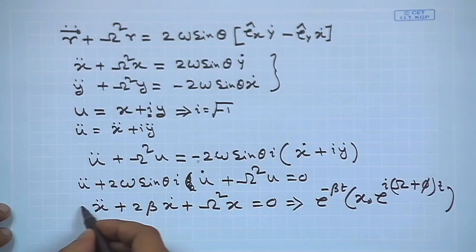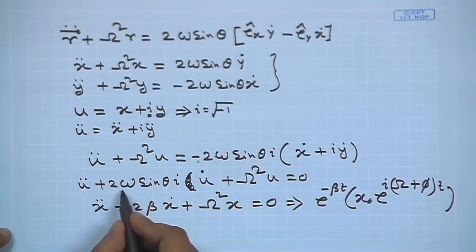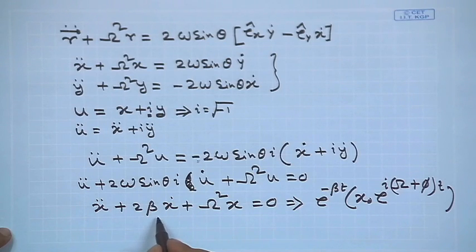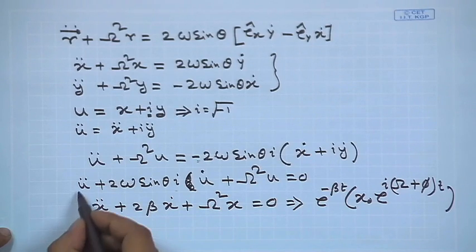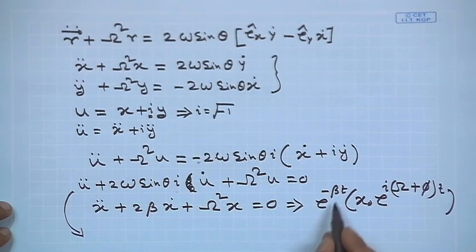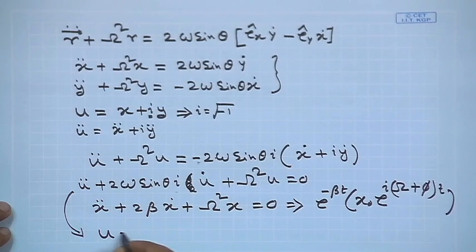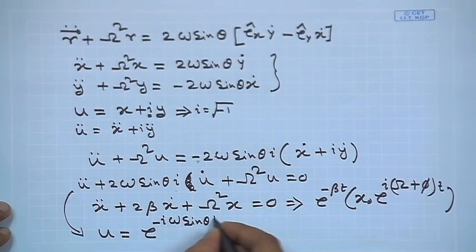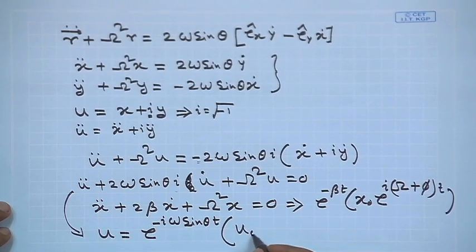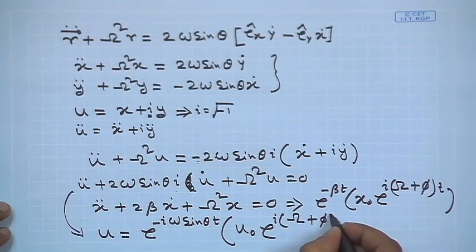Now, if we compare these two equations, the second term looks exactly like this particular term, except that there is an i here. So, what we can do is, for this also we can write a solution in this familiar form by replacing beta with omega sin theta i. If we do that, we get a solution of the form e to the power minus i omega sin theta t, u0 e to the power i omega t plus phi.